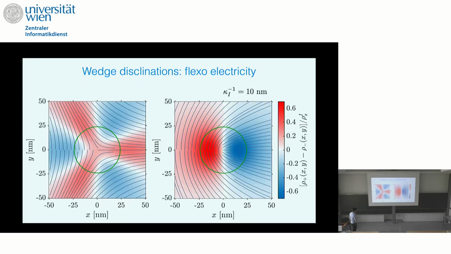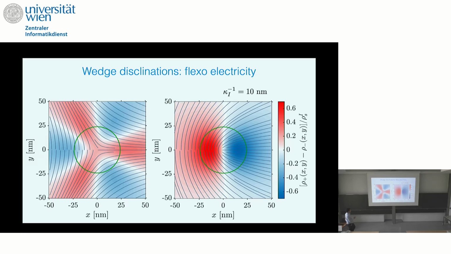Then we looked at the effect of flexoelectricity. So flexoelectricity is basically, I repeat again, that deformation leads to macroscopic polarization. There you can see that the flexoelectricity gives rise to a charge distribution around a defect that looks kind of interesting to me. It's actually very easy to understand why these profiles occur.